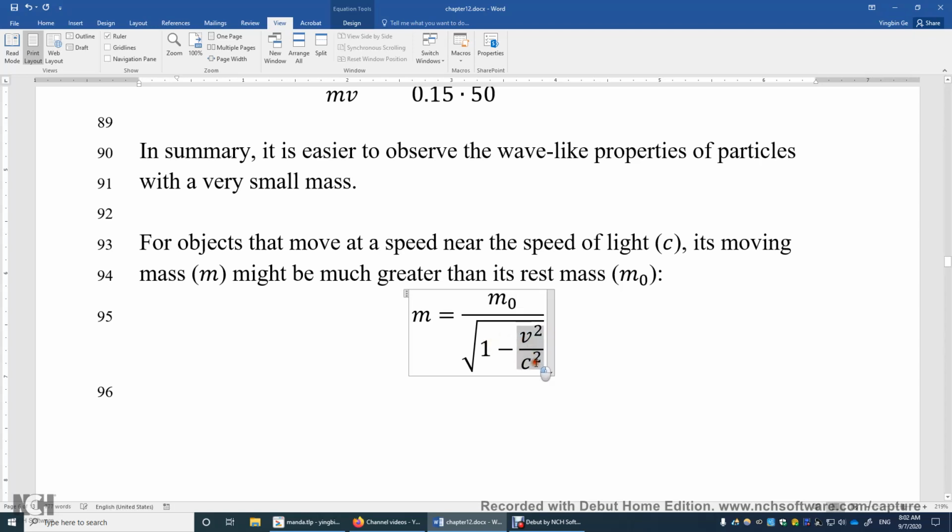Usually v squared over c squared is negligible. But if the speed of the particle is more than 10% of the speed of light, then you are looking at 0.01 here. So again, this is a correction that needs to be made for particles that move at a speed near the speed of light.